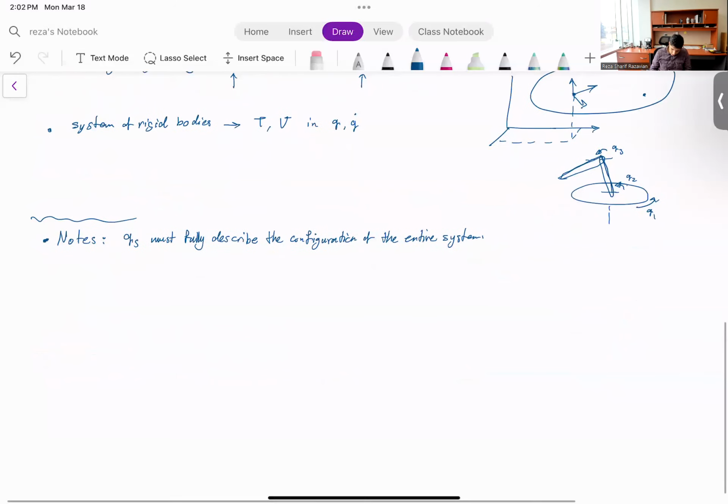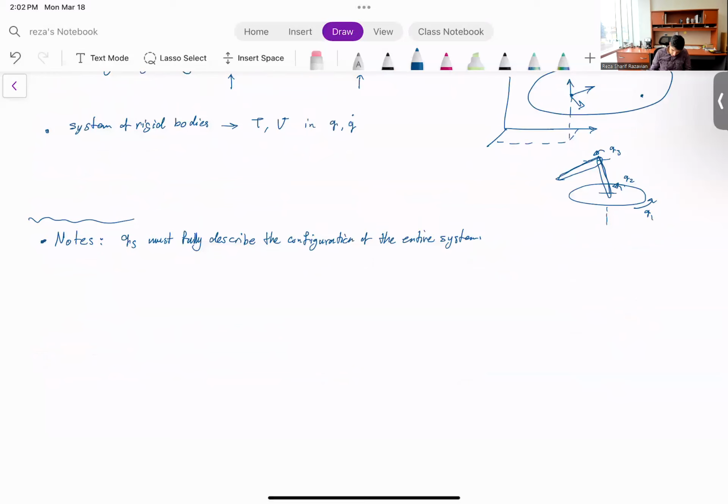The second kind of requirement is that T, the kinetic energy and potential energy, but kinetic energy is trickier, must be written in Q dots.